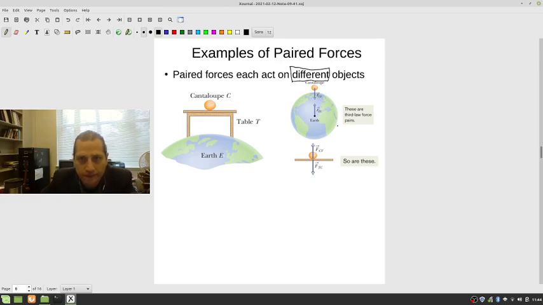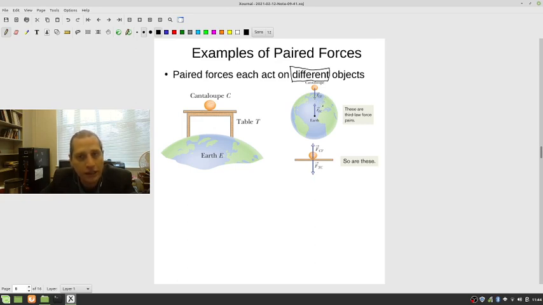Now, the thing to notice about these paired forces is that they're acting on different objects. So for instance, the cantaloupe being pulled on gravitationally by the Earth is also pulling on the Earth gravitationally. Now, the thing that's a little surprising in this is that the force that the cantaloupe is acting on the Earth with is the same as the force that the Earth is acting on the cantaloupe with.